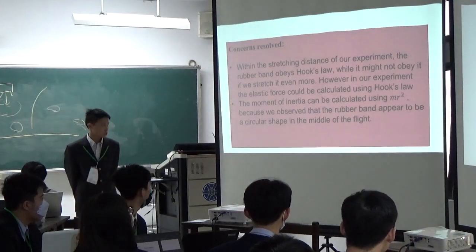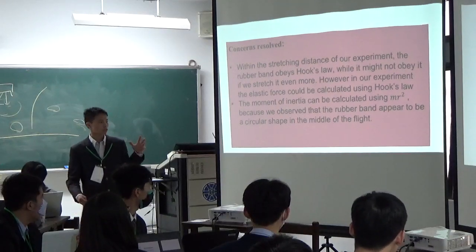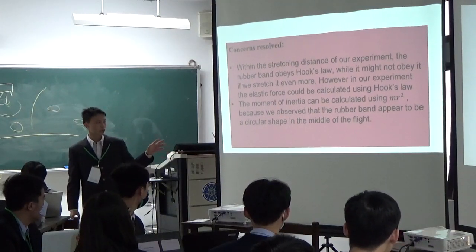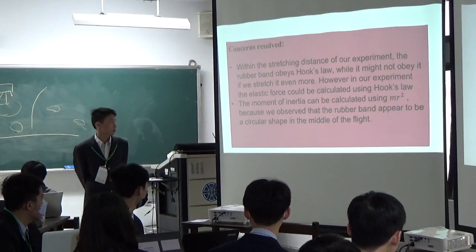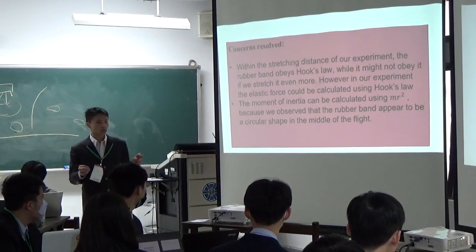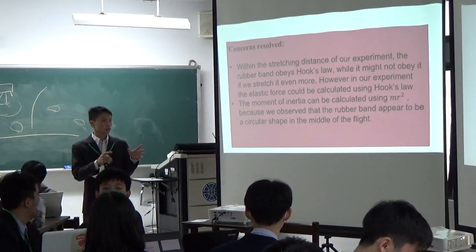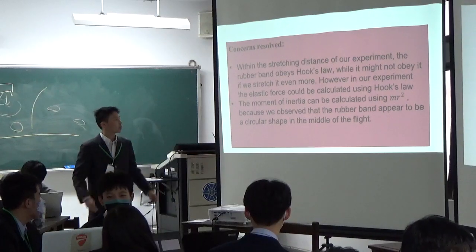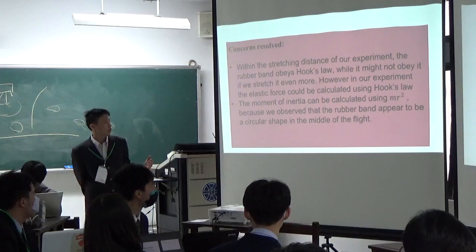And here are some concerns and results. First, we marked out our initial length in our PowerPoint. And within the stretching distance of our experiment, the rubber band obeys Hooke's law within the range that we tested, while it may not obey if we stretch even more.